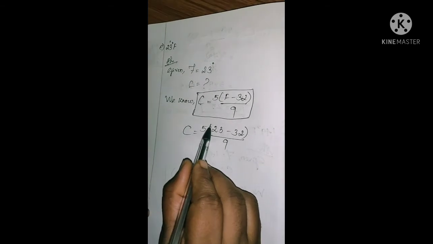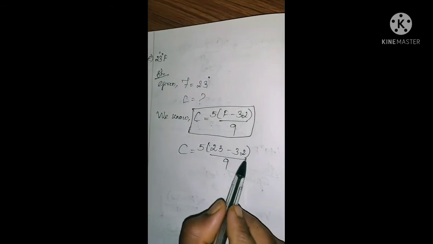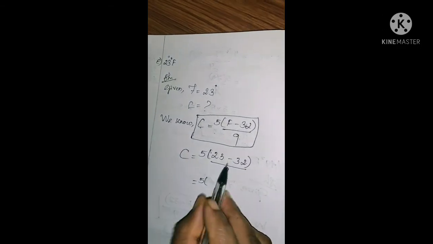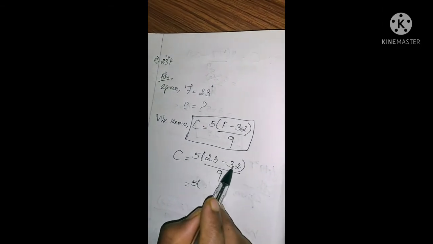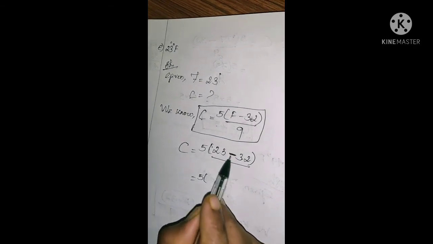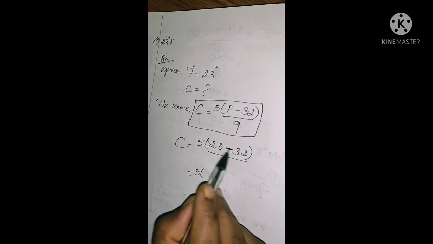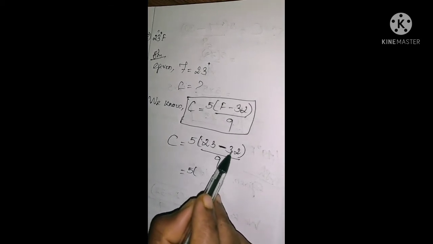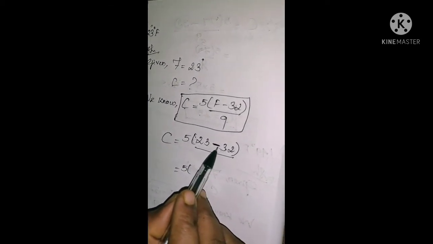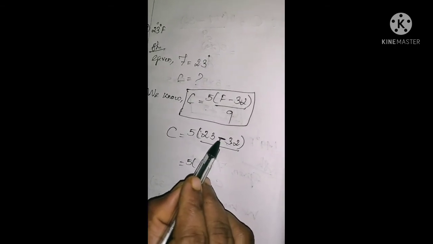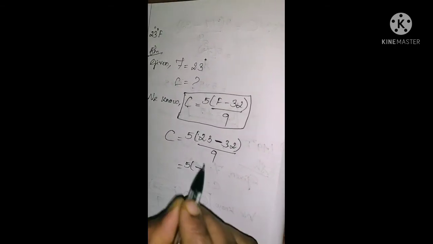See here, first we want to complete this which is in bracket. So that is equal to 5 into, see here 23, here 32. In maths you might have learned, if there is plus 23 here and minus here, is it? So this is the biggest number, is it? Which number is bigger, nearby which sign is that, only we have to write here, is it?